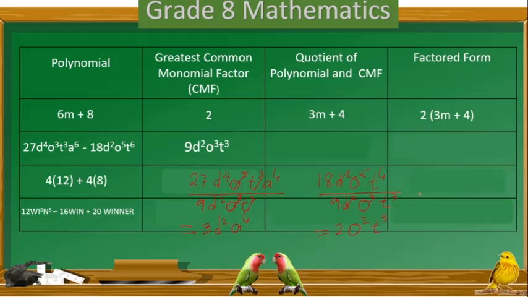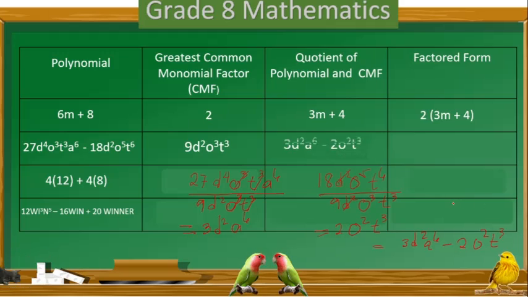Okay, so the answer now for the quotient of that given polynomial is 3d squared a to the 6th minus, since the given is negative, 2 o squared t cube.